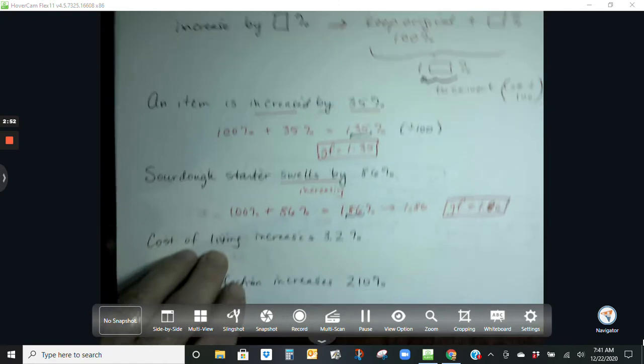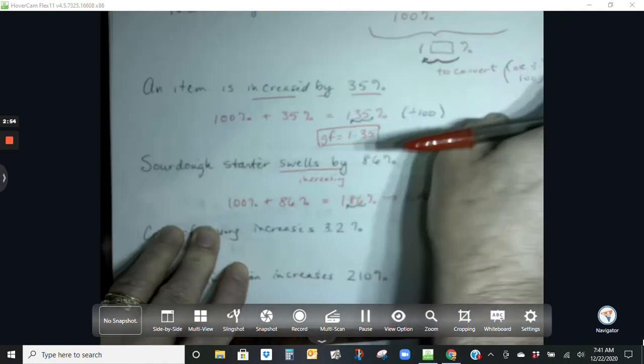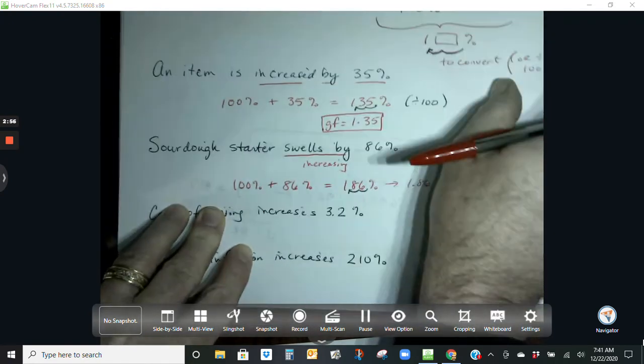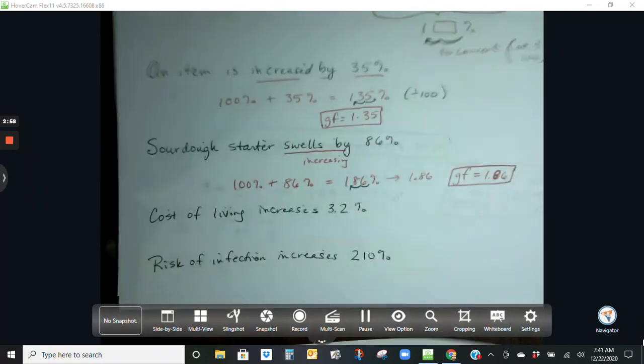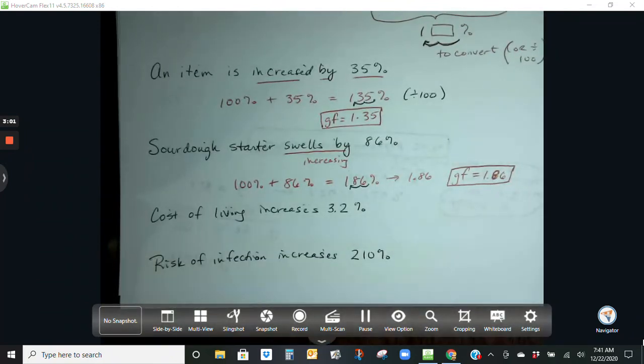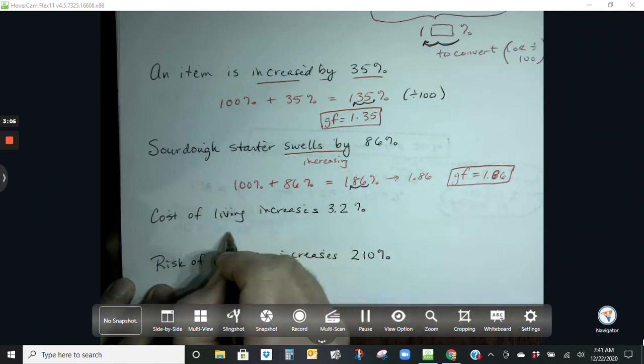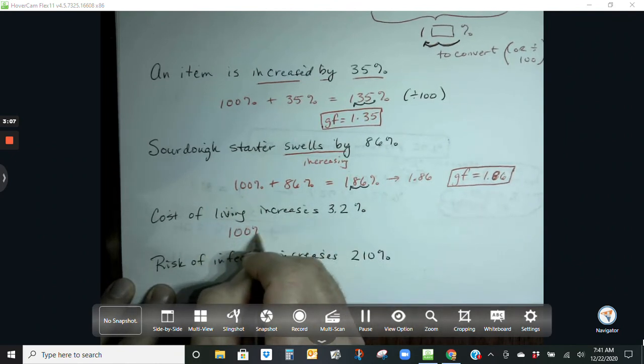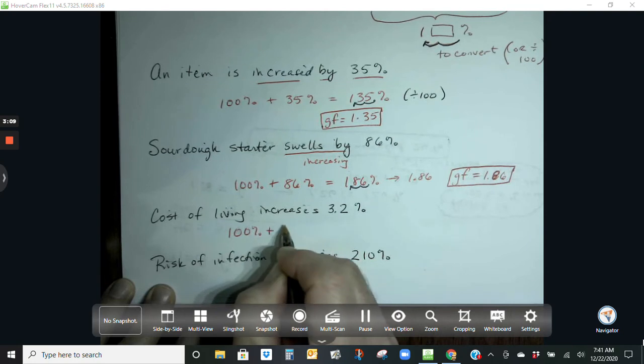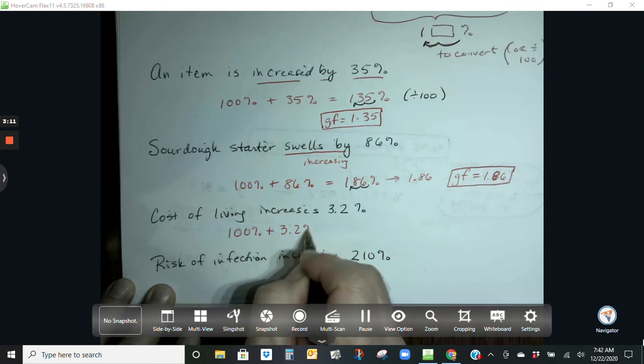All right, let's look at the cost of living. So cost of living, each year how much we spend on things goes up. And so let's suppose our cost of living increases 3.2%. So our cost of living is what it is now, 100%, plus 3.2%.